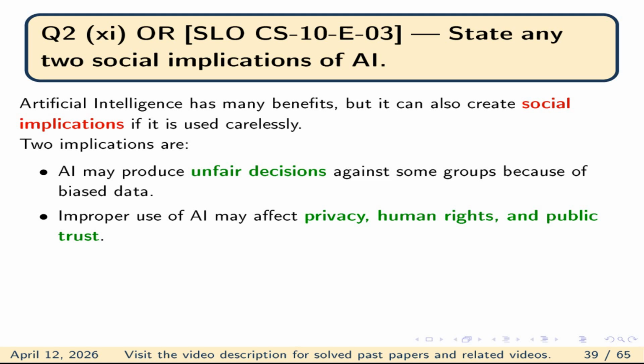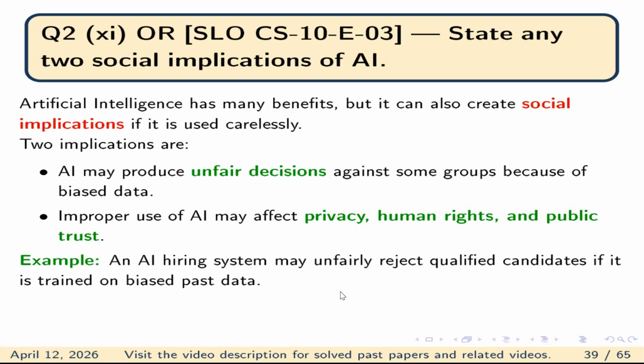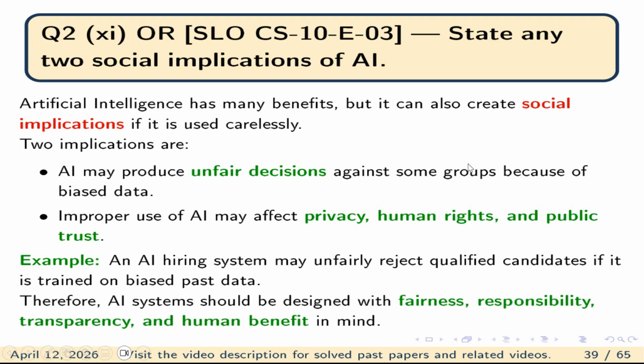Improper use of AI may affect privacy, human rights, and public trust. For example, an AI hiring system may unfairly reject qualified candidates if it is trained on biased past data. Therefore, AI systems should be designed with fairness, responsibility, transparency, and human benefit in mind.